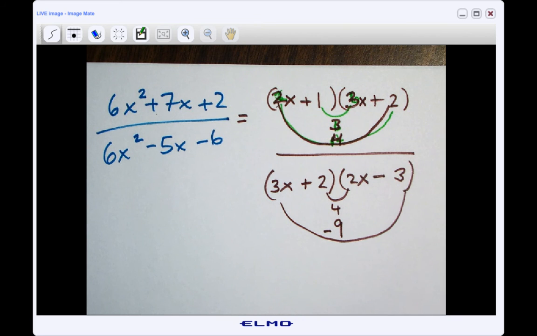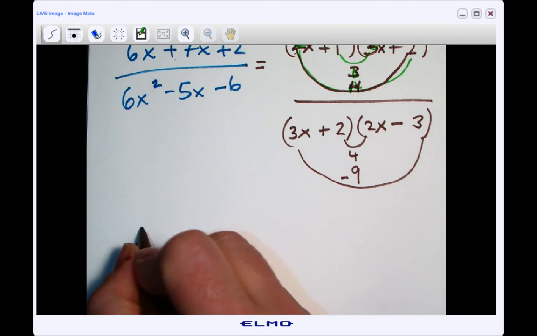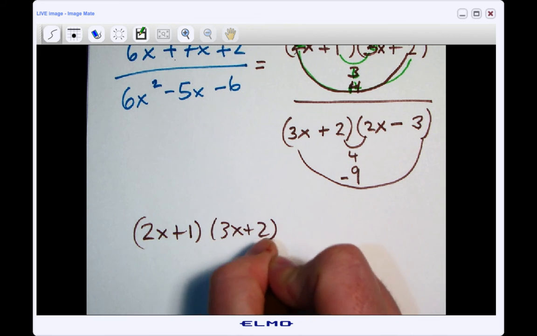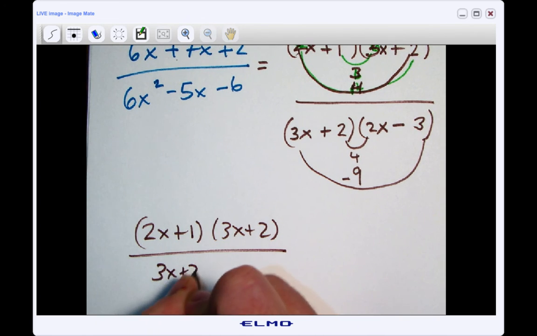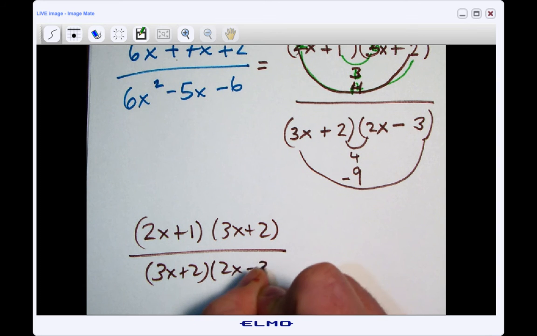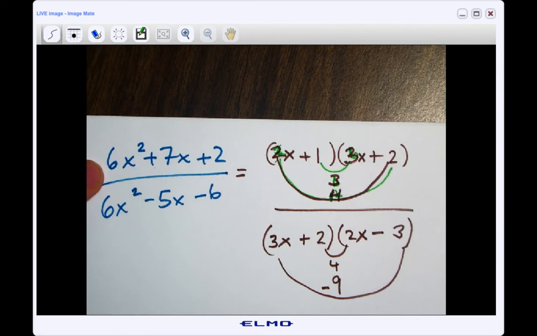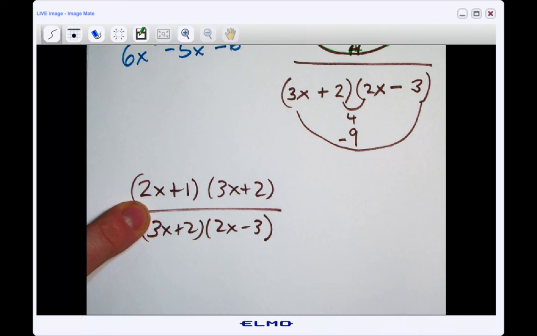and now I'm just going to put in my x's. Okay, so now the fraction that I'm working with is 2x plus 1, 3x plus 2, and 2x minus 3. Okay, so this is what I rewrote these two things. This one and this one say the exact same thing.